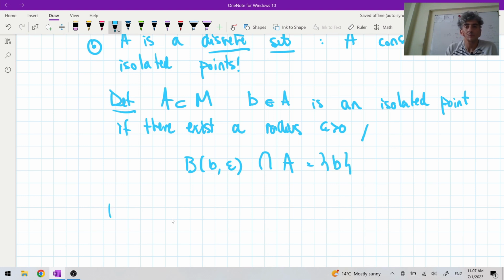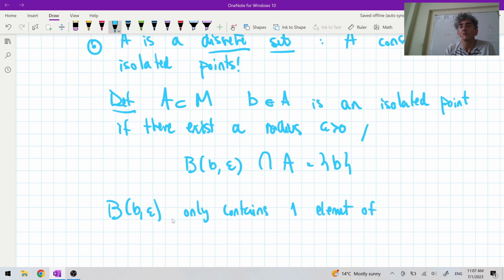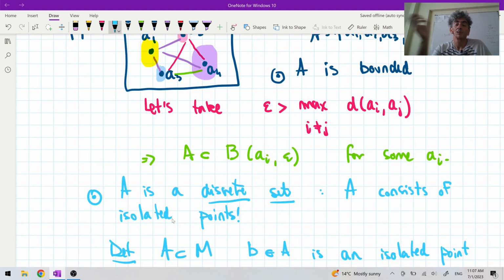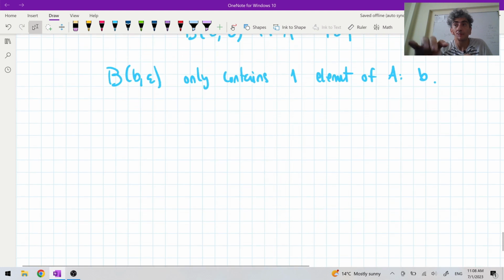This ball only contains one element of A, that is b. So this is the case for finite sets. Finite sets are bounded, and finite sets consist of isolated points. So these are two important things.